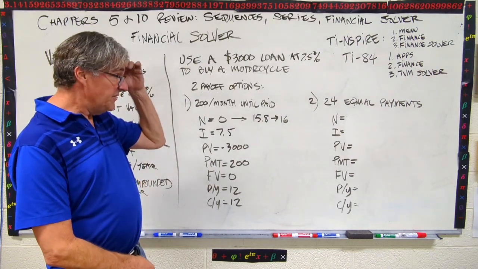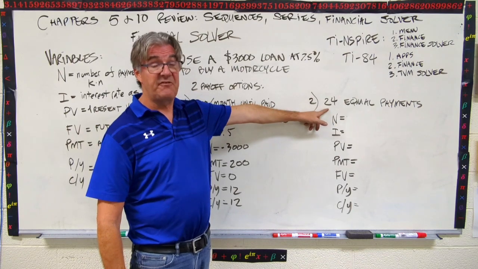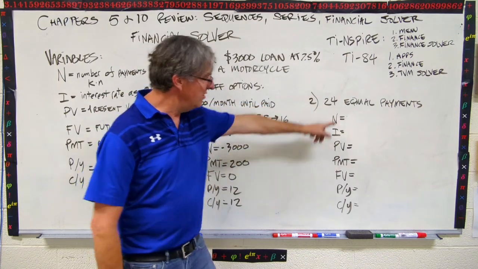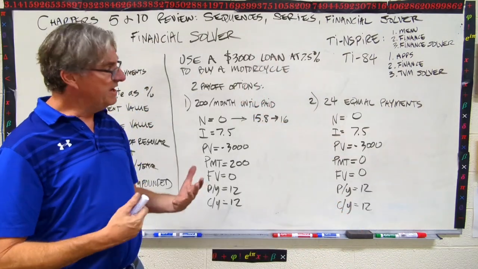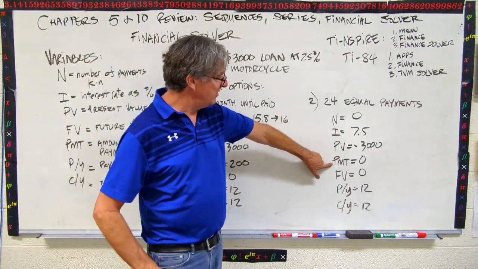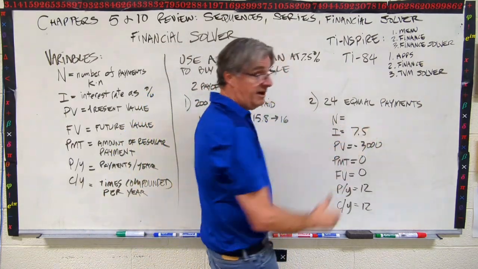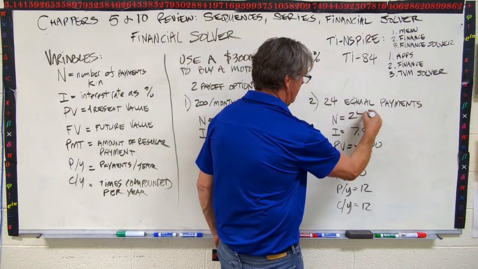Okay, so now let's compare that to making 24 equal payments. Okay, so let's find out how that works. Pause the video, populate your numbers. Okay, in this case, we don't know the payments. So that's what's going to be 0. And, did that wrong. That's 24.